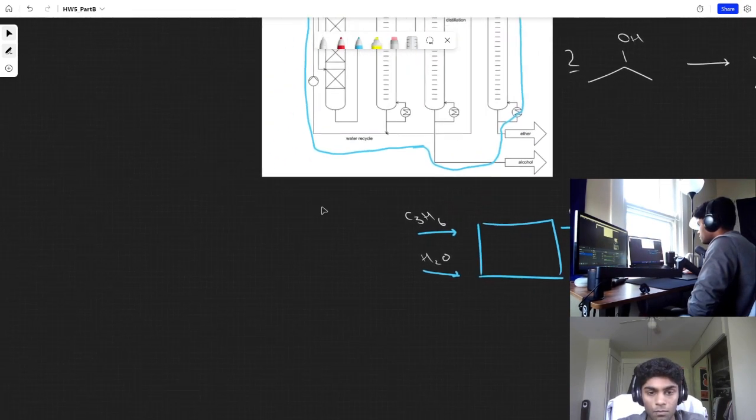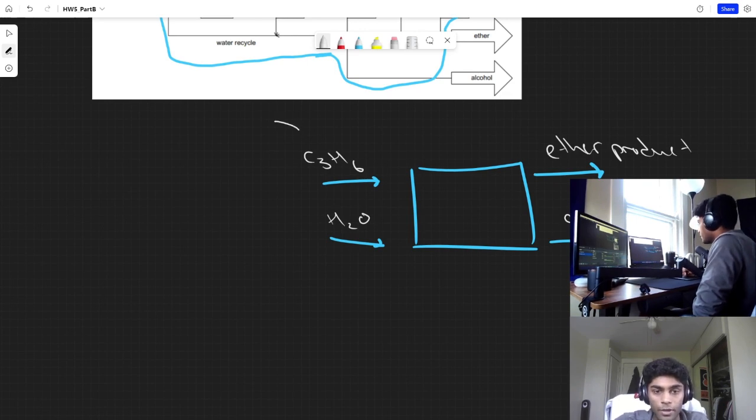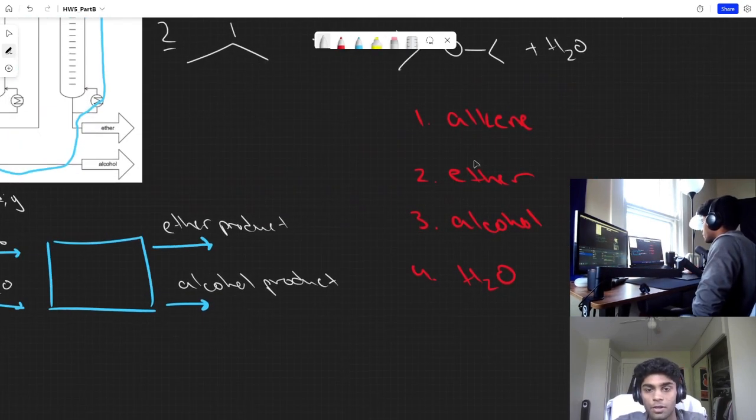So let's go ahead and try and specify this a little bit, right? So we have a propylene feed here. This is our propylene feed, denoted by Y. And so Y is going to equal some array, some vector here. And propylene came first on our list, our alkene.